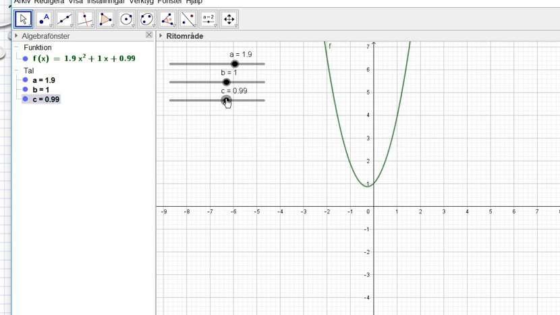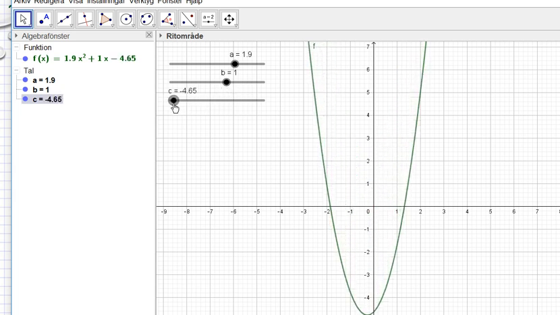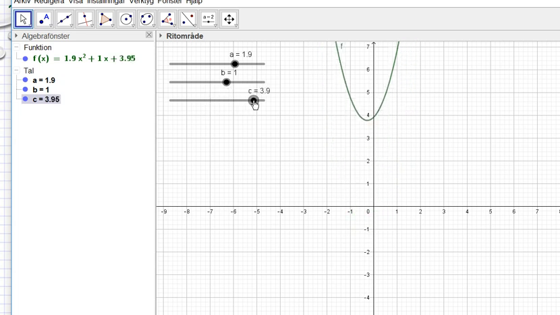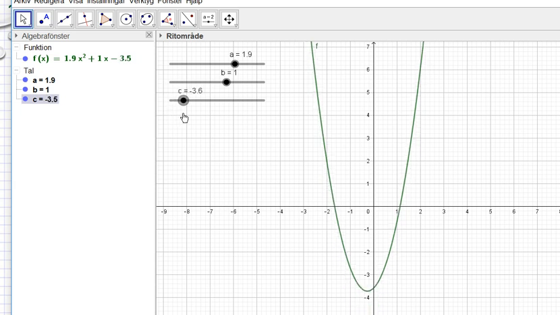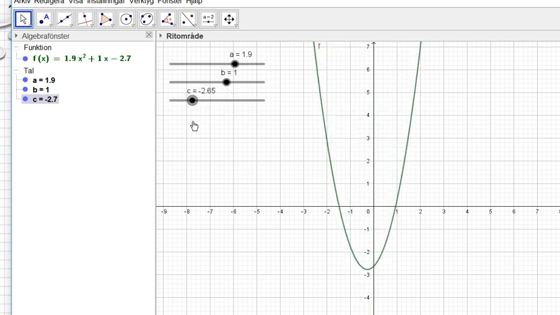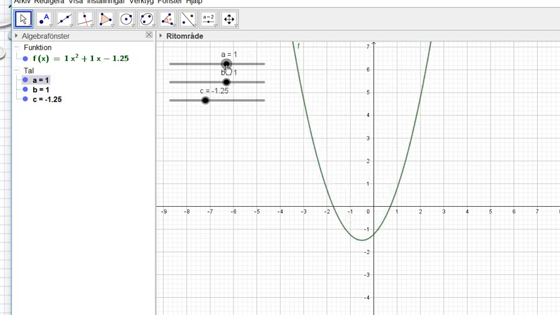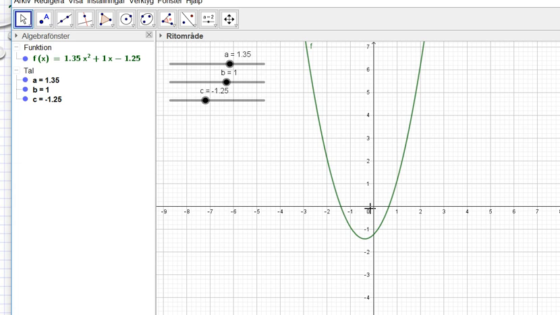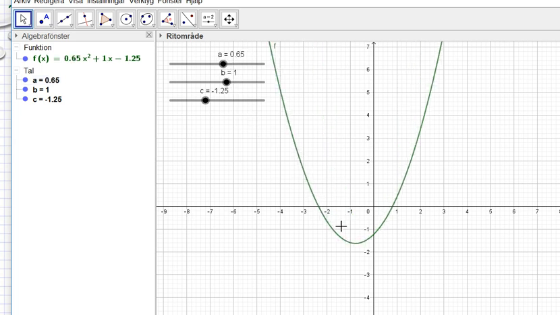Okay, what the c does is it only moves the graph along the y-axis. It's always on the y-axis when x is equal to 0. The roots, I'm going to go back to, are when y is equal to 0. When a is positive, as you can see here, you have a lowest point, called the minimum point.